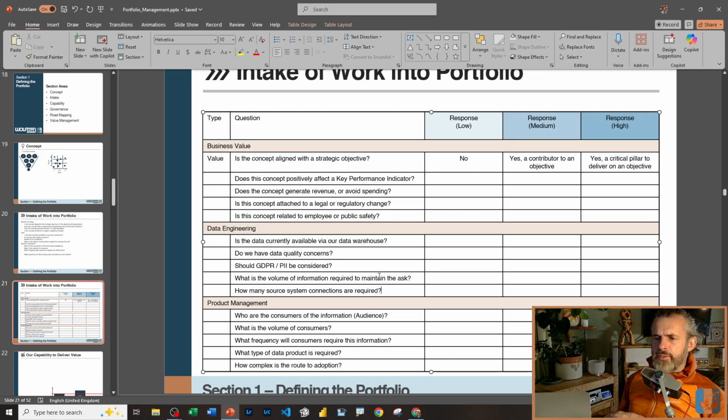And how complex is the route to adoption? This is a training question, and I think it's a very relevant one, because if people don't adopt it, then the whole thing's been a waste of time. And if it's a really complicated thing to adopt, then we need to account for it right up front. I've seen many products fail. They're really good products, but they just weren't adopted by the business for one reason or another.